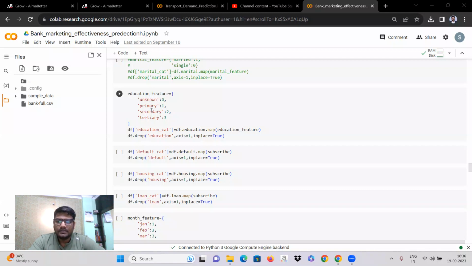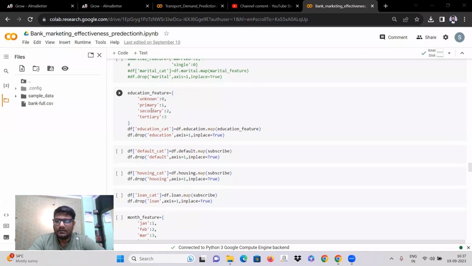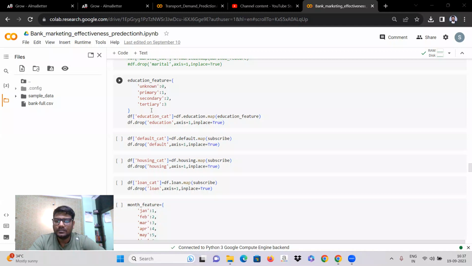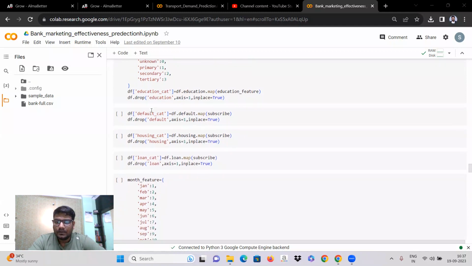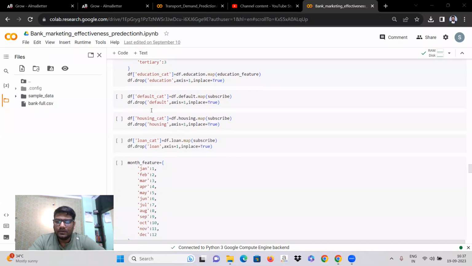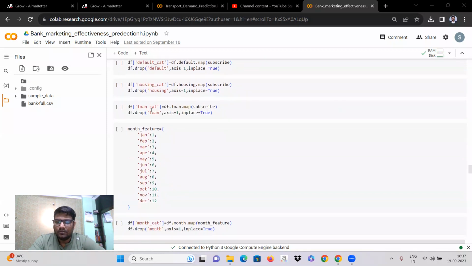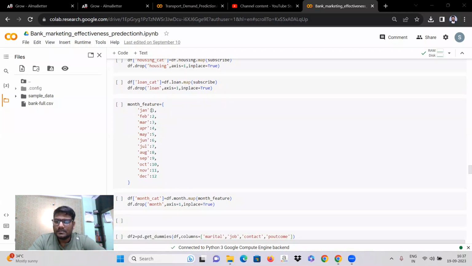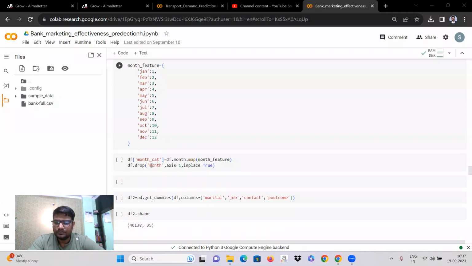And primary, secondary, tertiary is already a type of numerical hierarchy, based on which we'll be converting the categorical educational feature to numerical. And similarly for default, housing, and loan, whether the customer owns a loan or not. And we'll be converting the month feature to a numerical feature. So if the contact was made in January, January will be given a one, and so on.